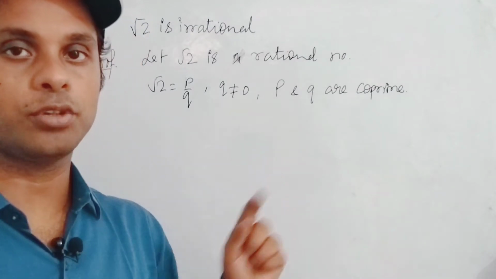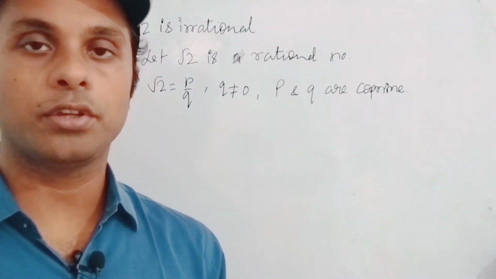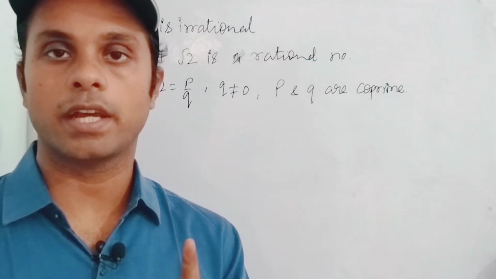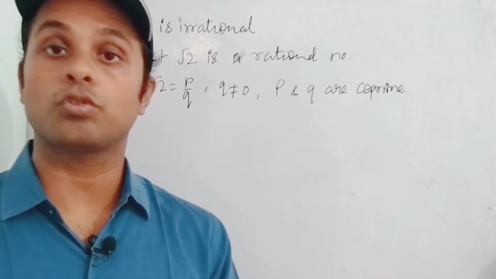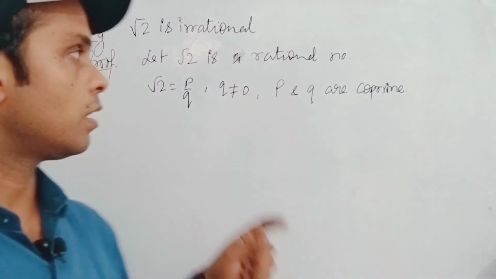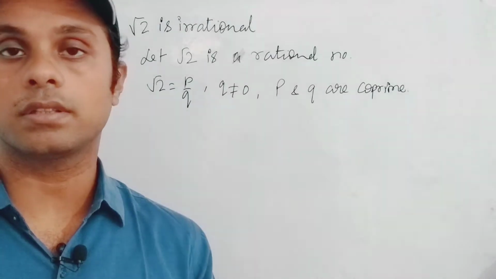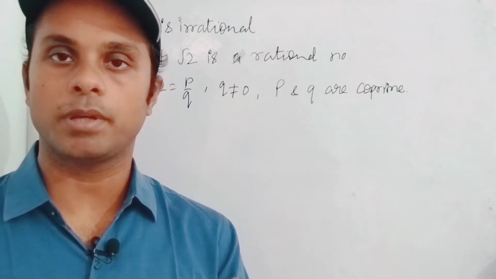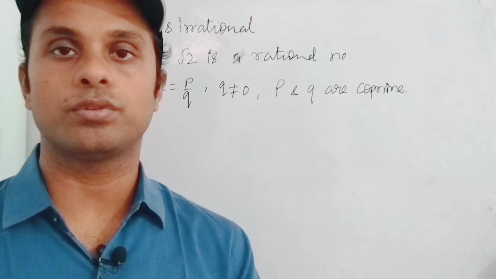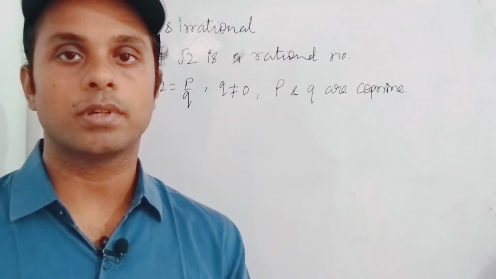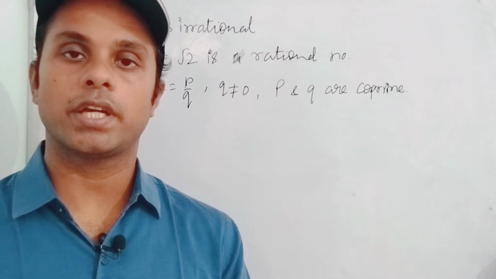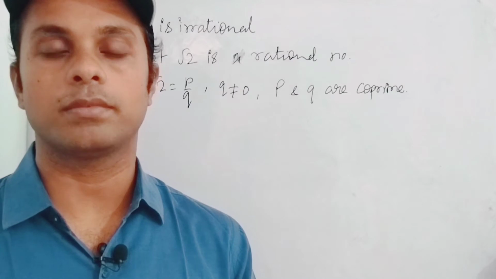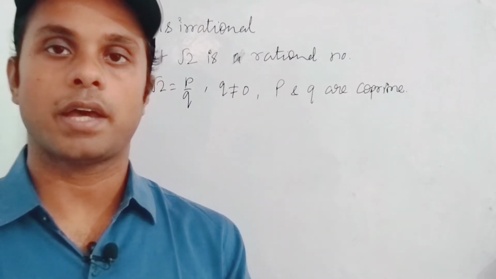If we prove that p and q are not co-prime, that means p and q have more than one common factor except 1, so root 2 will be irrational, because for a rational number which can be written in the form of p by q, there's a condition that p and q must be co-prime numbers. Only then they are rational.